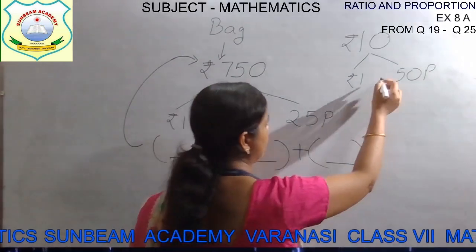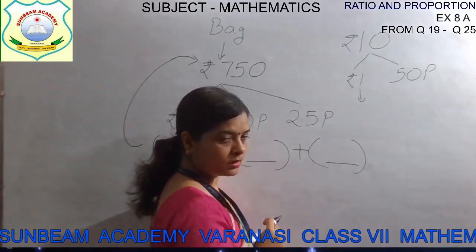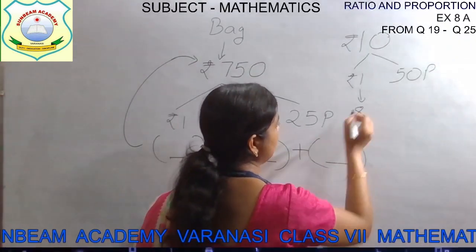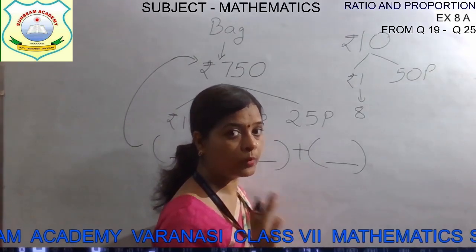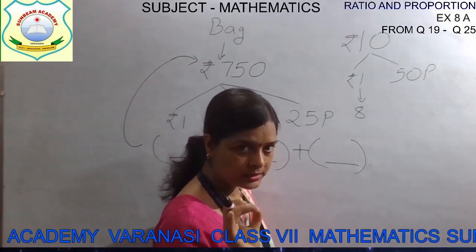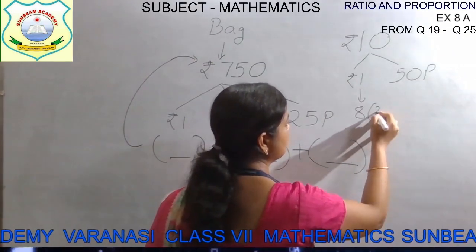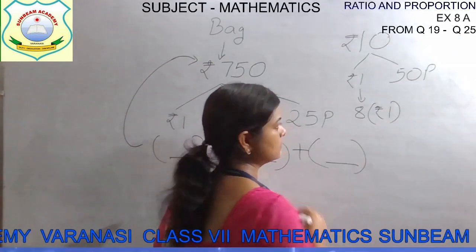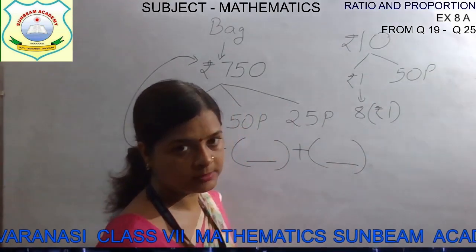So how you will add them, children? You will just take the quantity of 1 rupees. If there are 8 1 rupee coins, so how you will get this total? So you will multiply it with 1 rupees. Quantity you will multiply with the denomination 1 rupees.